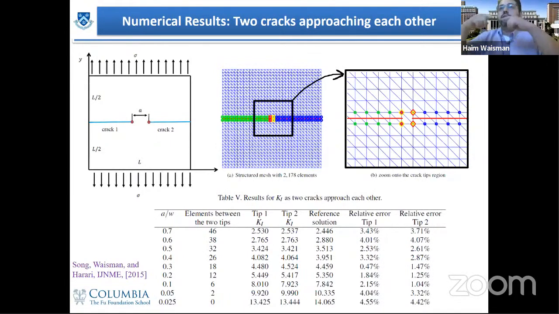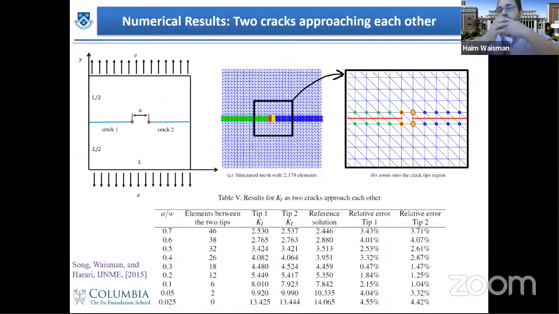But if these two cracks are very close to each other, then the path that you're taking should be very small. Otherwise, you will cut through another discontinuity, which you cannot have. So as the cracks approach each other, your path independence becomes smaller and smaller.